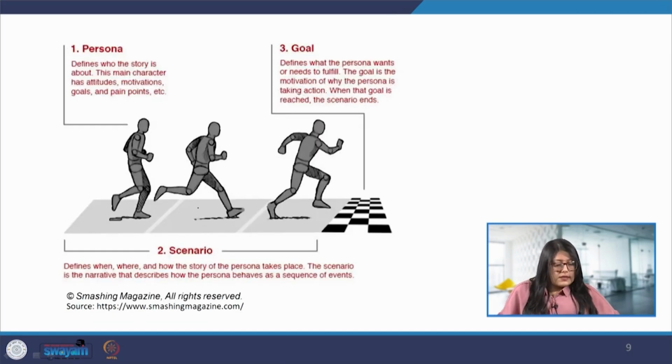So, let us understand the role of persona, scenario and goals with the help of a small example. Let us take a persona for a mobile app user, a fitness enthusiast, say Ramesh. Ramesh is a 30-year-old professional who works long hours and wants to maintain a healthy lifestyle. He enjoys activities like cycling, swimming, running, weightlifting, etc., and he is motivated by tracking his progress, setting goals, and receiving personalized recommendations.